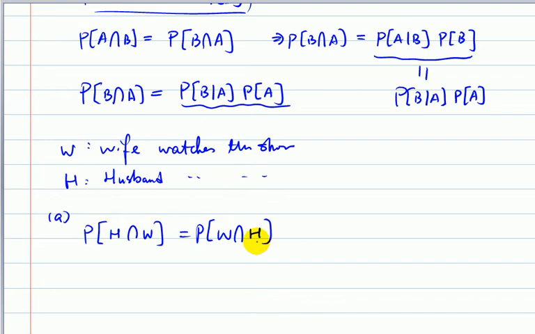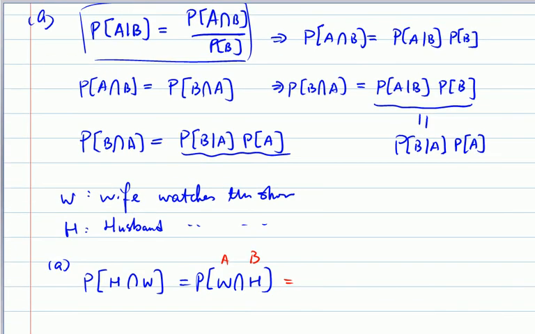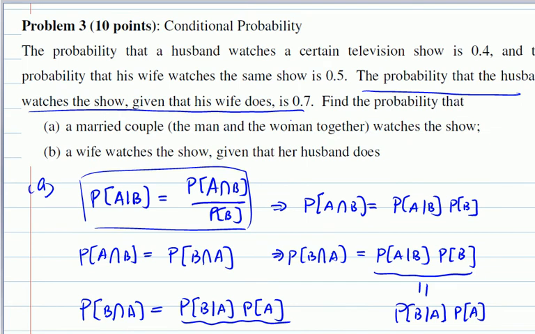So let's say I call this A and this B. What do we have here? We have the probability that the wife watched the show, the probability that the husband watched the show, and we also have the probability that the husband watched the show given the wife does.